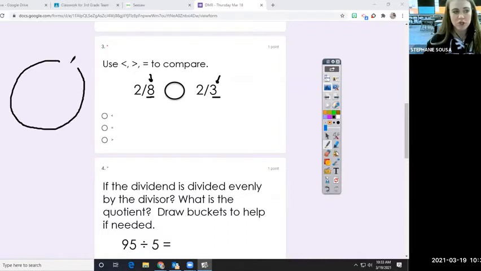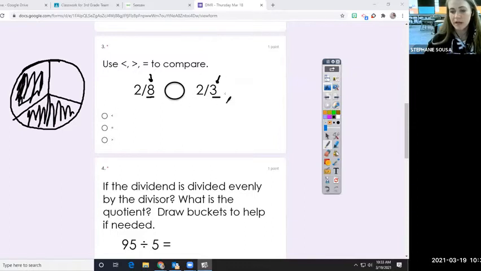I know if I am sharing something like the delicious pizza that I am going to eat this evening, I would much rather have 2/3 of that pizza than I would of 2/8, because that is a bigger piece. The smaller the denominator, the larger the piece. So the symbol that you should have selected is 2/8 is less than 2/3. Okay. Questions on that one?